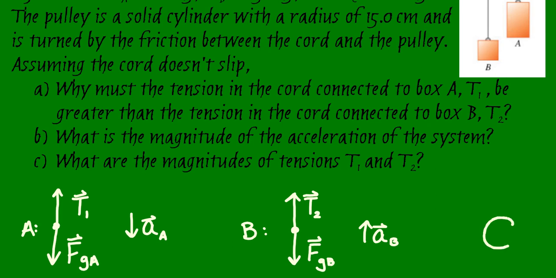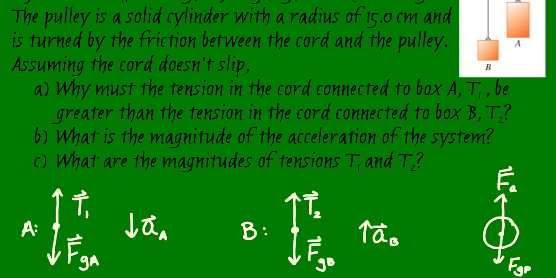And then lastly, I have the pulley. We know that there's a gravitational force acting in the center of our pulley. And we know that there's also some force holding the pulley upward. I'm just going to call that an applied force.